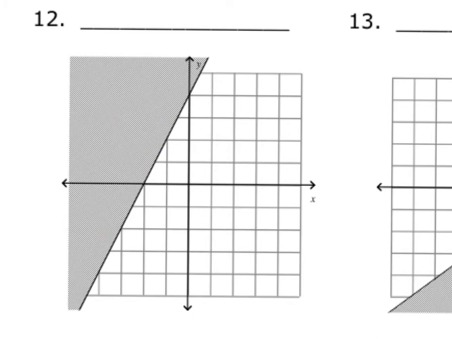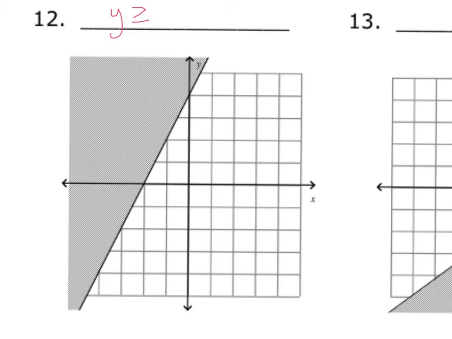So I'm going to write y is greater than. And then I look at the type of line that was drawn. We have a solid line, so that's equal. If it was a dotted line, it would not be equal. So y is greater than or equal to.